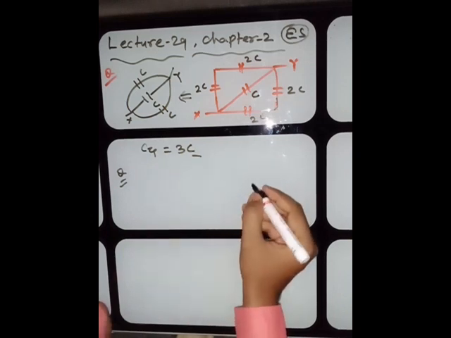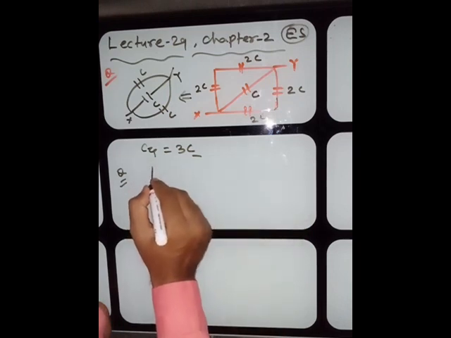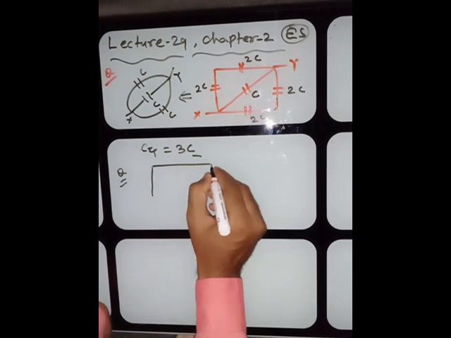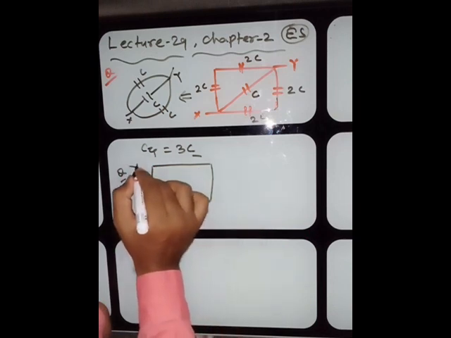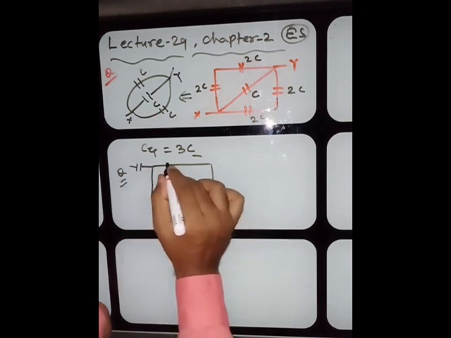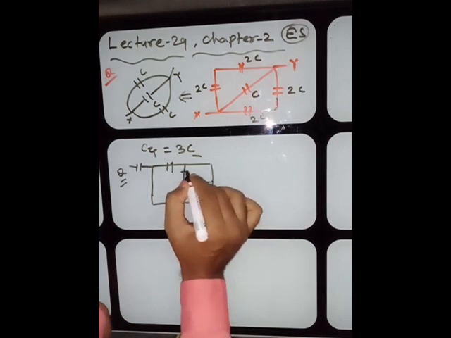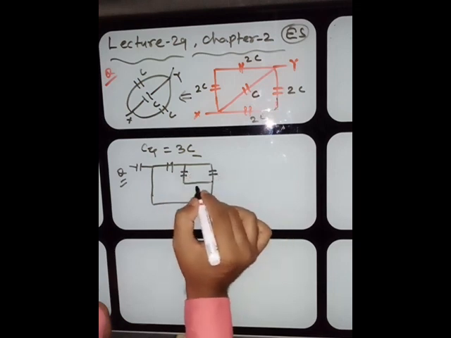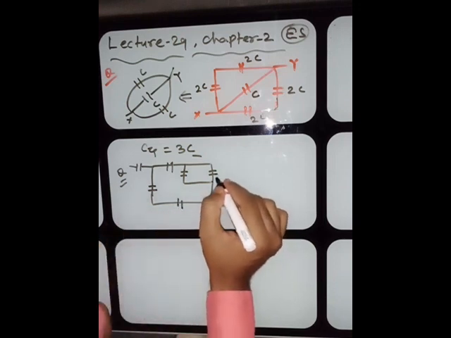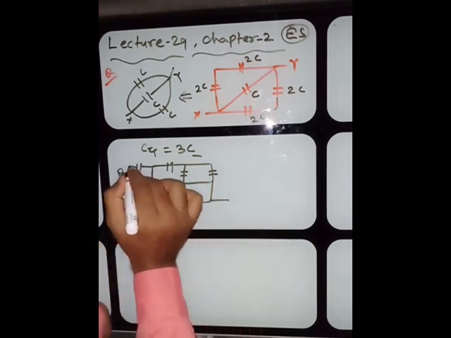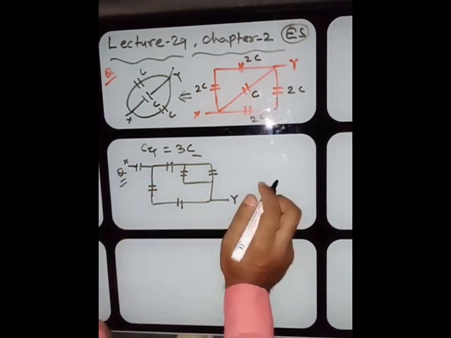In this particular question, you have to again find the equivalent capacitance in this network. This is another simple network. This is the terminal X and this is the terminal Y. You have to find the equivalent capacitance.